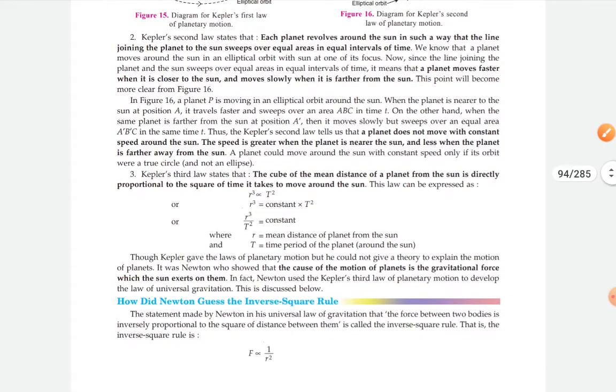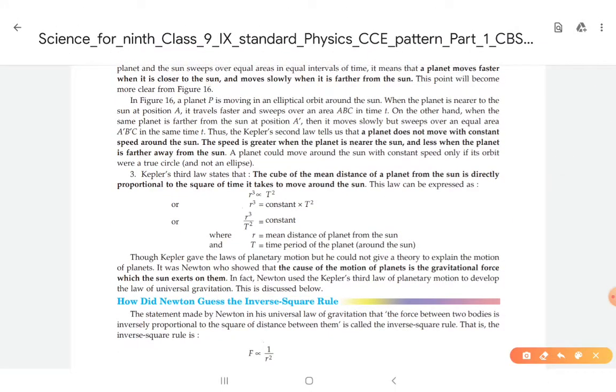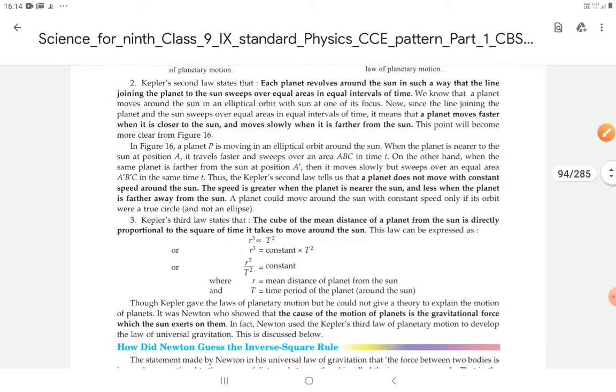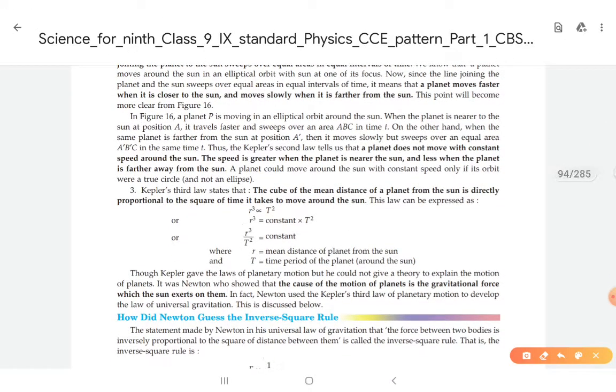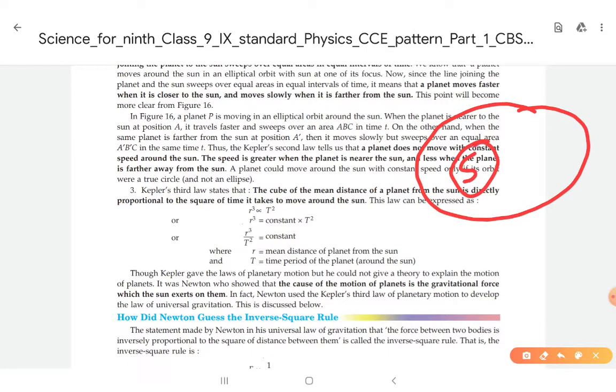Okay, now Kepler's third law. You can see here, the cube of the mean distance of a planet from the sun is directly proportional to the square of the time it takes to move around the sun. What does it mean? As we know from the first law, the planet always revolves around the sun in an elliptical orbit.